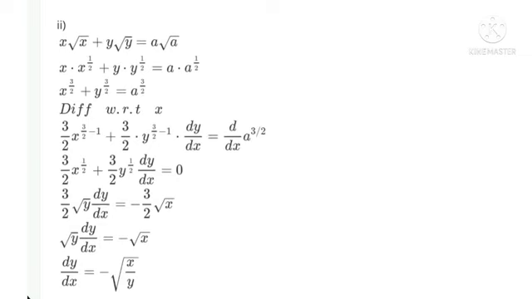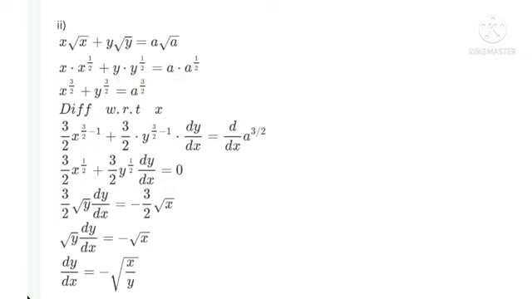Second example, see x root x plus y root y is equal to a root a. You write this as x into x raised to 1 upon 2 plus y into y raised to 1 upon 2 is equal to a into a raised to 1 upon 2.